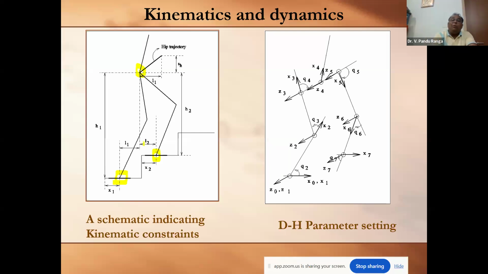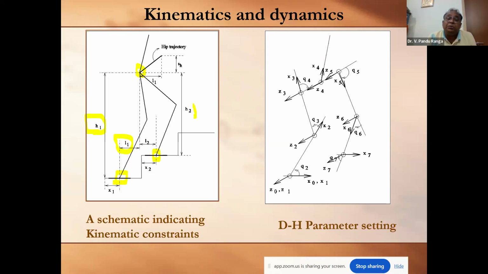So during this bipedal walk, these three points are going to make an important characteristic. The hip joint is always going to make some relationship with the center points of the stance leg and the would-be swing leg. The parameters shown are H1, the height of the hip from the center of the would-be swing foot, and L1, the horizontal distance of the hip joint from the center point of the would-be swing leg.